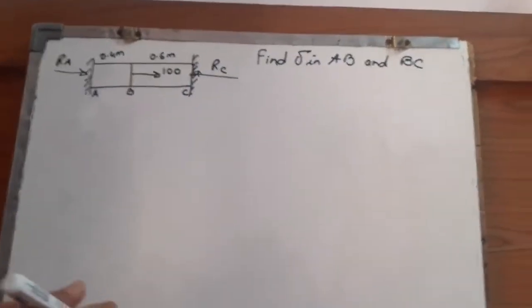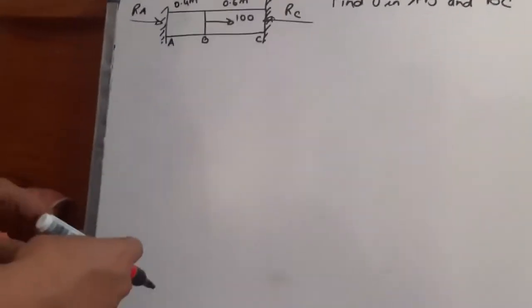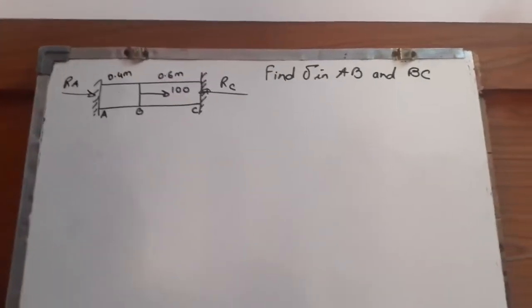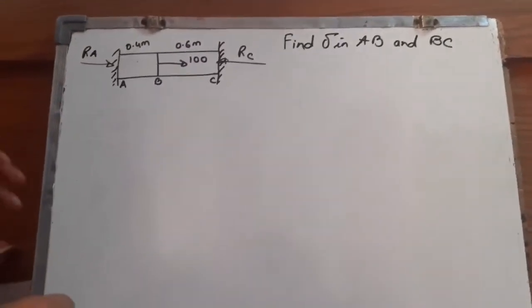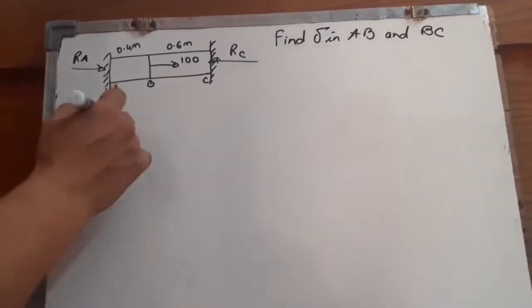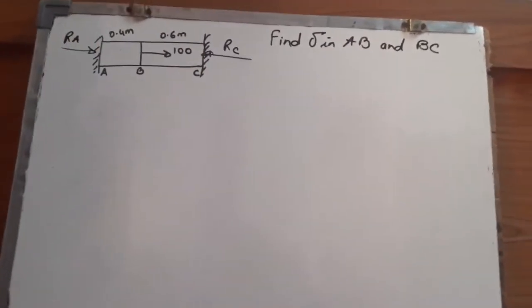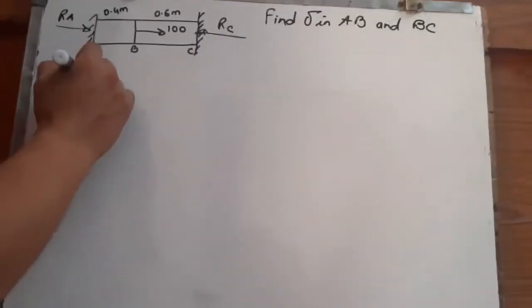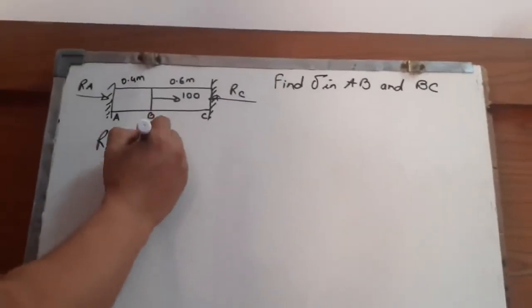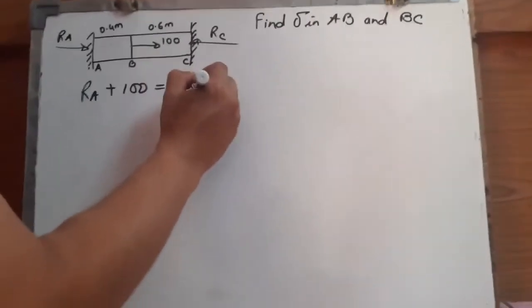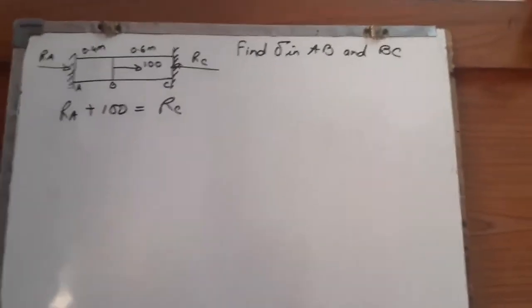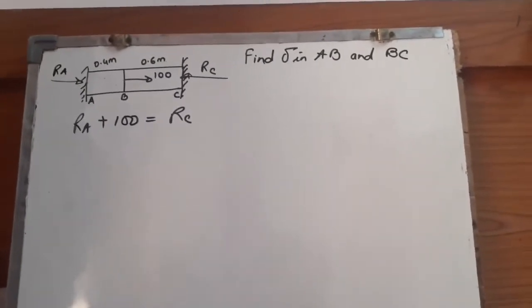So to find the stresses, you need to find out the equivalent load that is acting on all the two members. So you need to frame certain equations. So the first equation says that, by looking at the diagram, you can say that RA plus 100 is equal to RC. By principle of superposition, you can say that RA plus 100 is equal to RC.